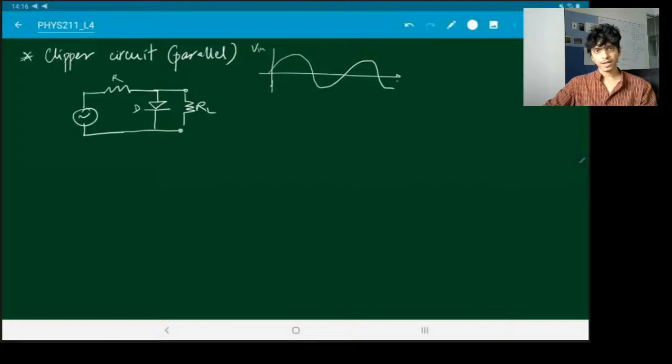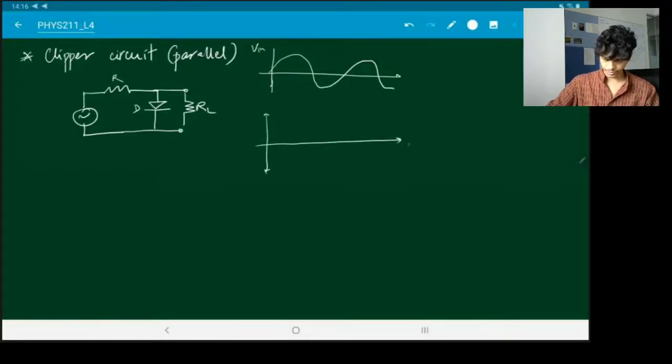Now during the positive half cycle, this diode will conduct, and the potential across the diode is just the barrier potential.